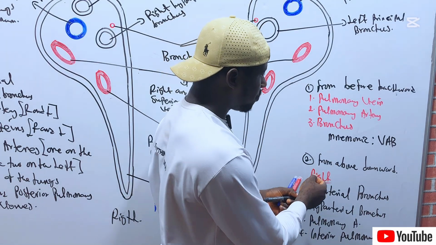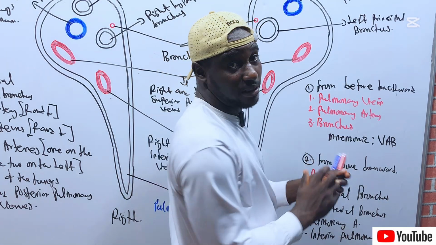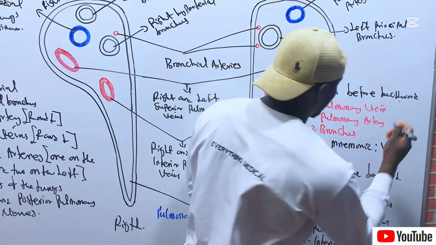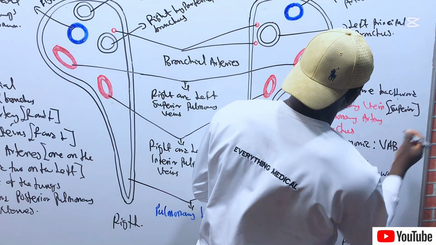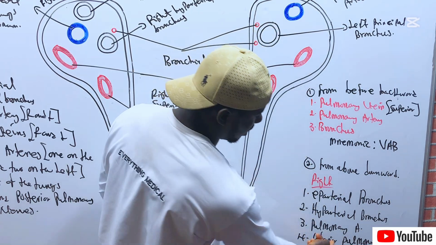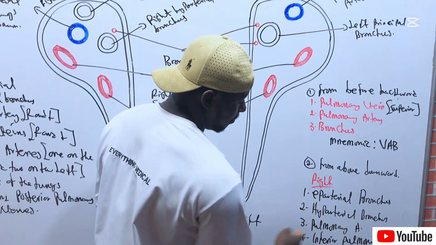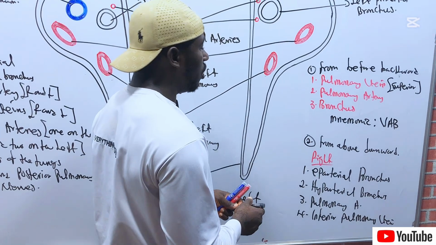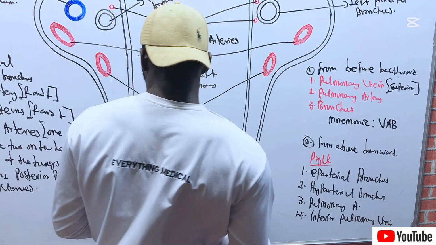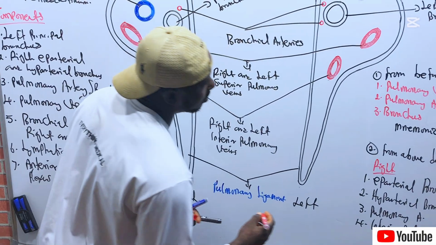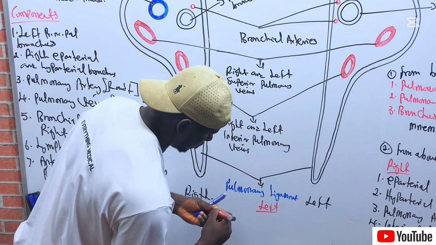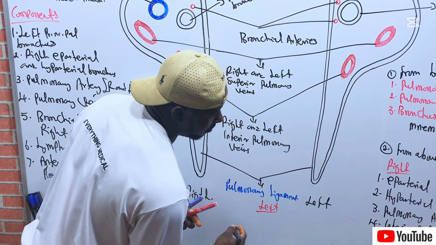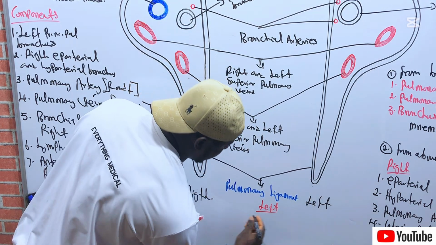Now recall that this pulmonary vein is particularly the superior, not inferior. So let's indicate it is the superior pulmonary vein. This is the inferior pulmonary vein. Now on the left, we have the pulmonary artery.